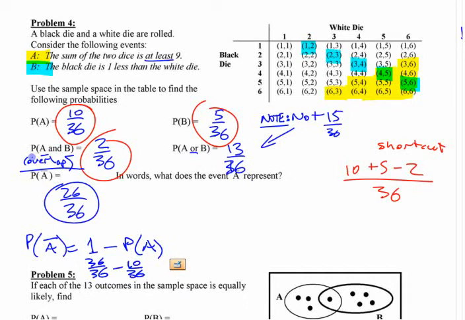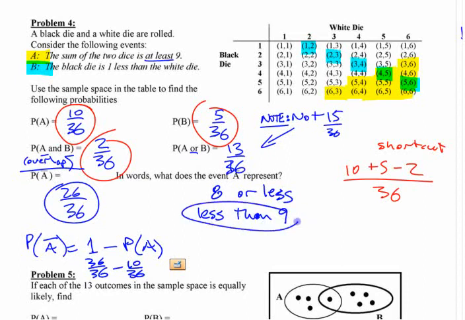There's a lot of different ways you can say that. 8 or less. Less than 9. Make sure you realize the difference between something saying less than 9 or 8 or less, right? Or maybe not the difference between those, but if someone says 8 or less than 8, those mean different things, right?